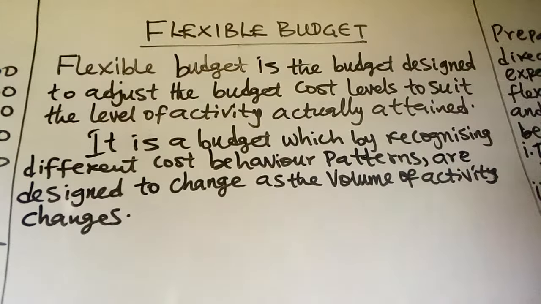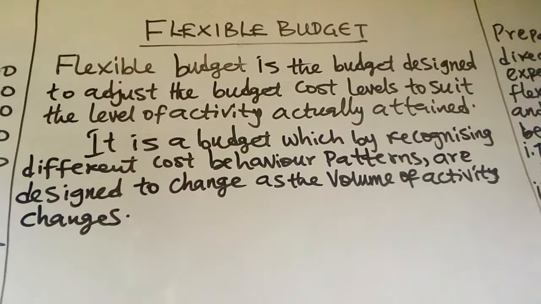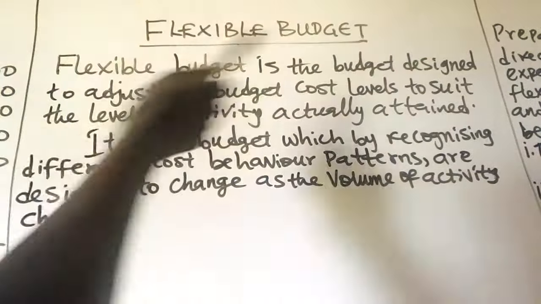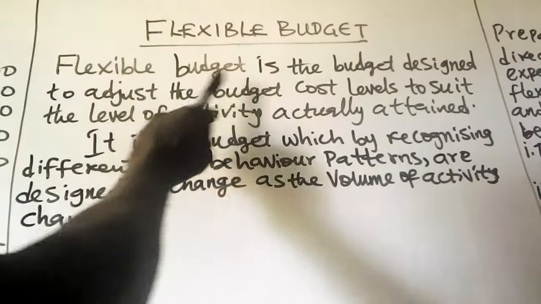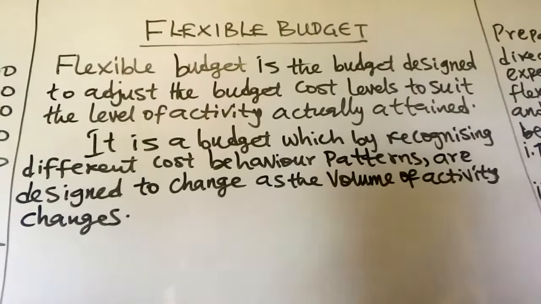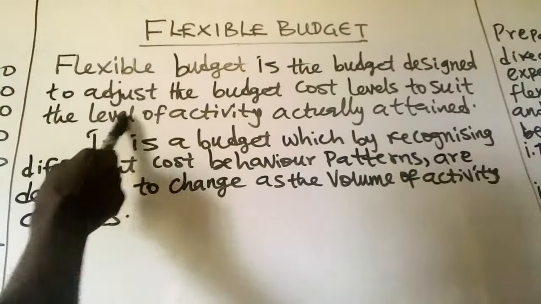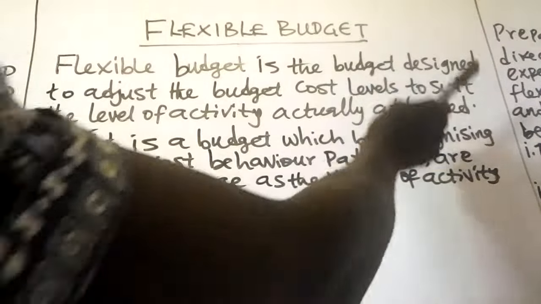Flexible budget. A flexible budget is a budget designed to adjust the budget cost levels to suit the level of activity actually attained.